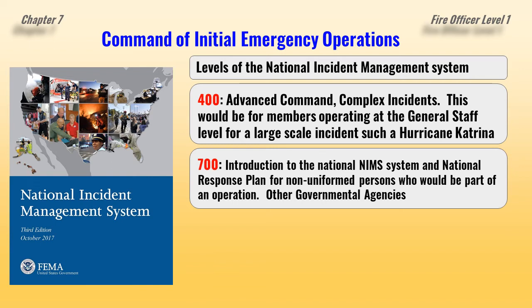So the people that might work in administration of a fire department, secretaries, staff people, it is also given to other stakeholders at large-scale events, trucking companies, things like that, agencies that are not fire or EMS or police agencies, but at large-scale events are used as a resource, and we interact with them.